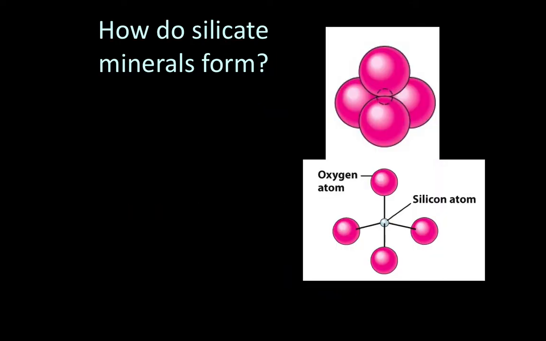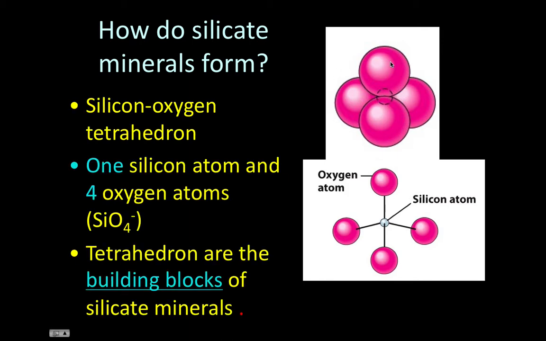Now, how do silicate minerals form? Well, silicon and oxygen come together in a structure which is called a silicon-oxygen tetrahedron. A tetrahedron is a pyramid-shaped structure which is composed of 4 oxygen atoms. And notice the oxygen is significantly larger than the silicon atom.